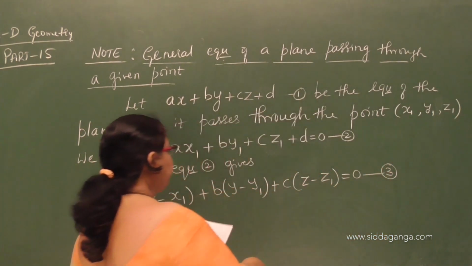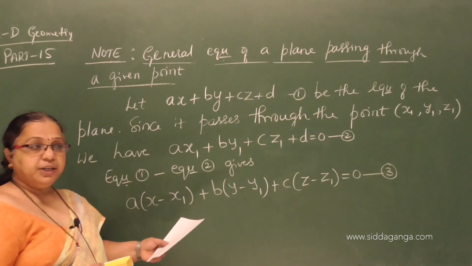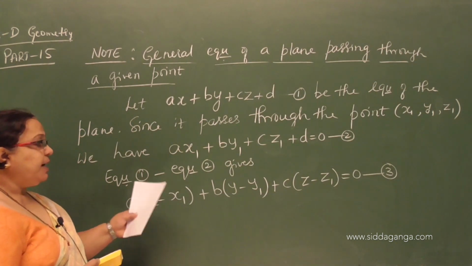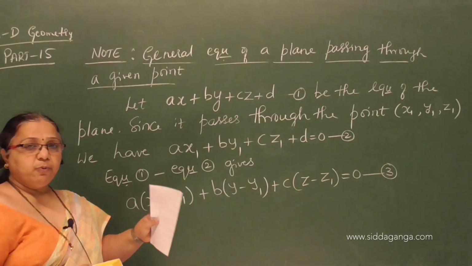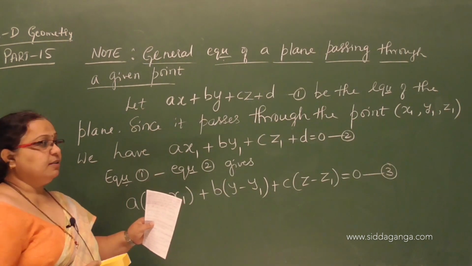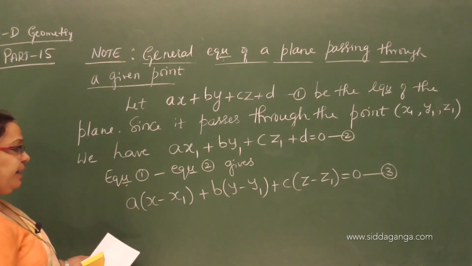Now equation 3 represents the plane equation where it passes through the point x1, y1, z1. So this is the equation of the plane.